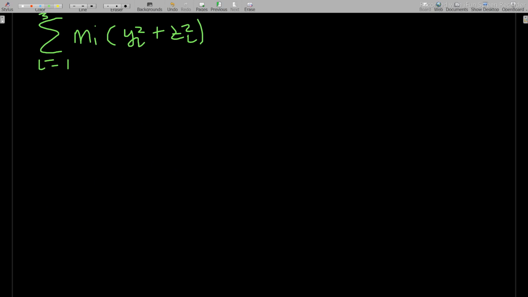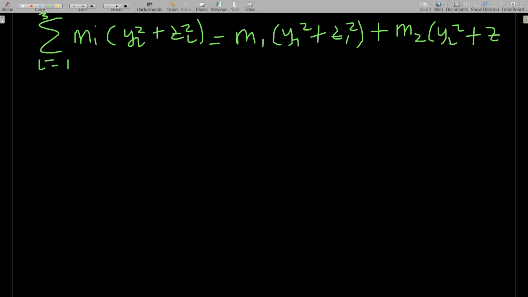When i equals 1, you have m1 y1 squared plus z1 squared, then you go to m2 y2 squared plus z2 squared, plus m3 y3 squared plus z3 squared.